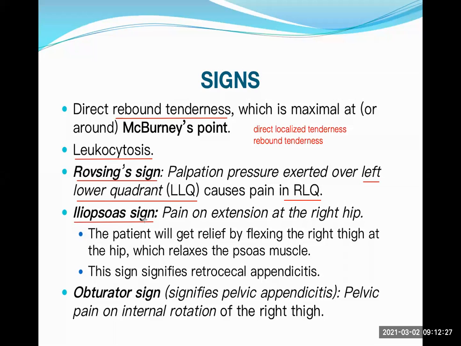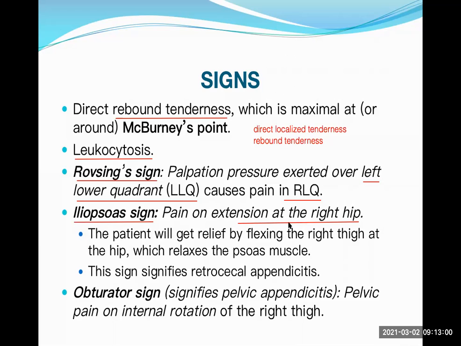Now see this, having known the function, it is very easy to elicit this sign. If we extend the right hip, because the appendix is present on the right side, that's what we are doing, the psoas major muscle or iliopsoas muscle will also be stretched. And if the appendix is present on the surface, which is seen in retrocecal appendix, then the patient will complain of pain.